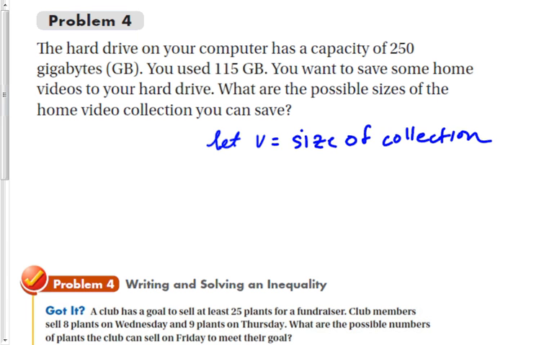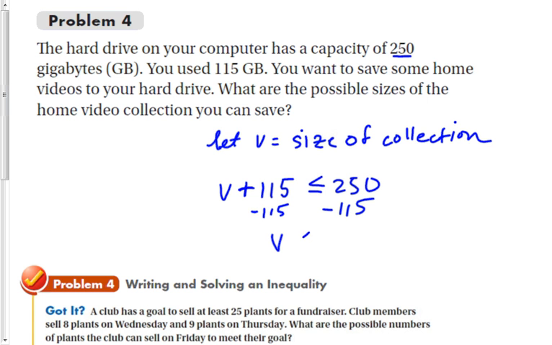And then using B, if we add the 115, we'll get how much we've used up: the video collection plus the 115 you've already used for the total. And we know that our capacity is 250, which means that total has to always be less than or equal to 250. And then we can just solve it by subtracting 115 from both sides.